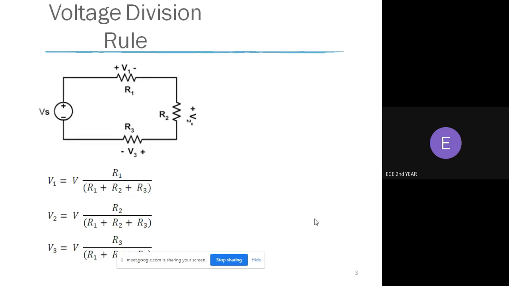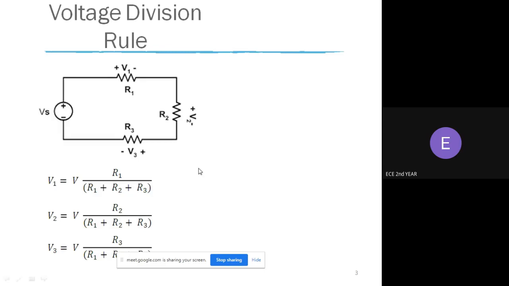So here we are going to see the voltage division rule. Basically, we will see some of the rules and formulas, and after that we are going to see some of the problems. So here, voltage division rule.